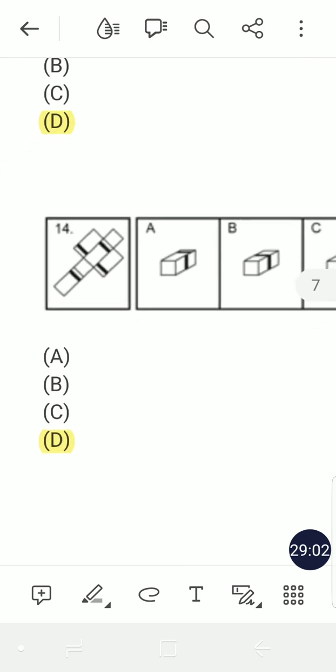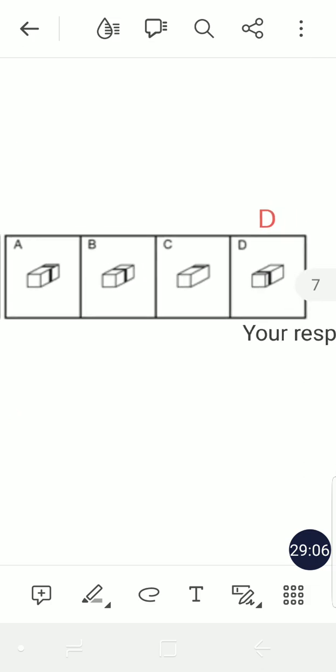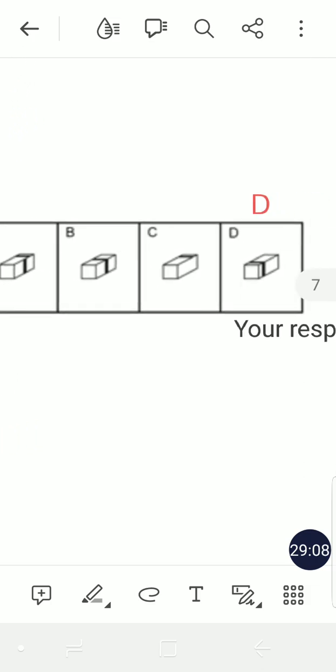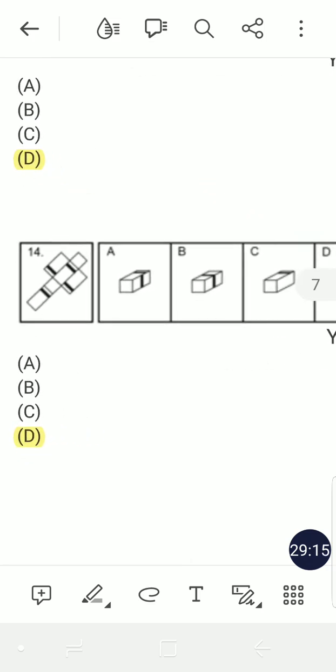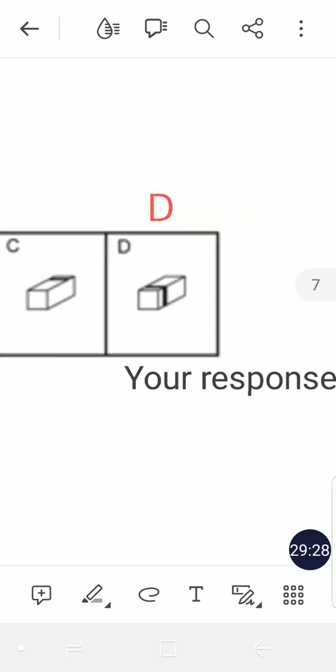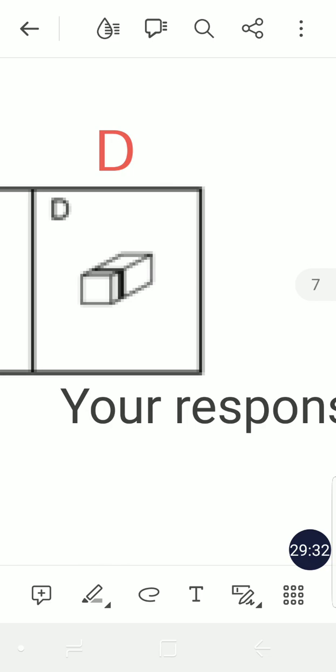And if you don't seem to find the answer, just do the best guess, or even skip this question and then come back to it later, because maybe when you come back, your mind or your eyes will start to look at it fresh in a different way, and maybe you'll get the correct answer. But honestly, I don't find the reasoning for this.